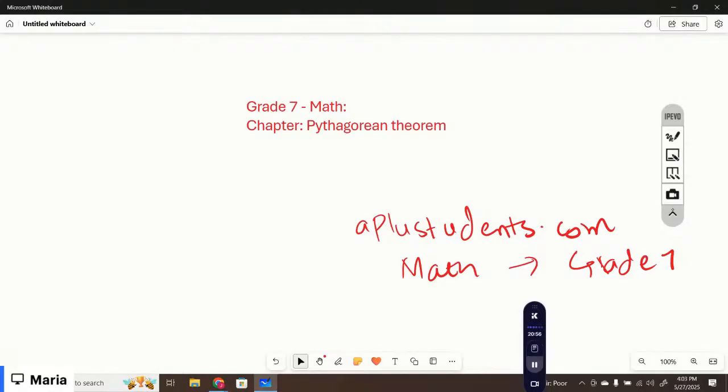There you can find a list of the chapters. We're going to start with the chapter Pythagorean theorem.